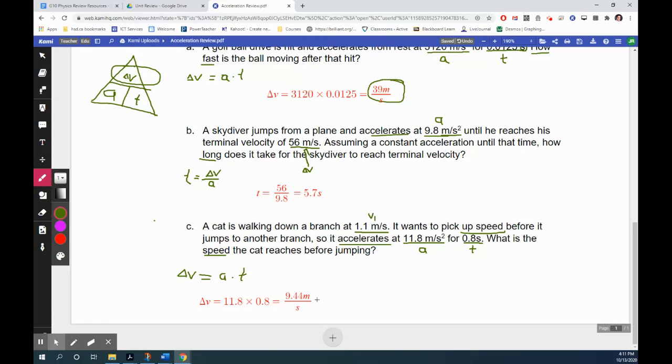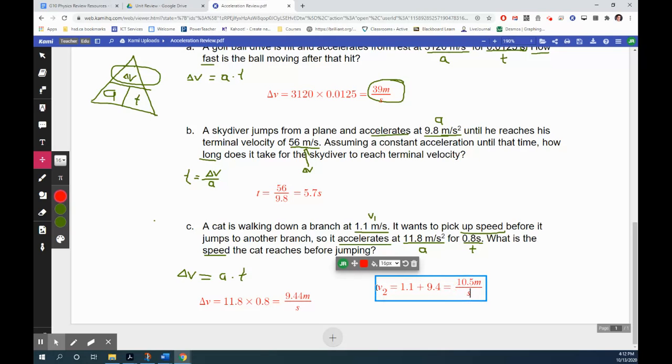Okay, this is not our final answer, because now we have to consider our starting speed. So v2, our final speed, is going to equal our initial speed of 1.1 plus our change in speed of 9.4. And that gives us 10.5 meters per second. And that's our final speed.